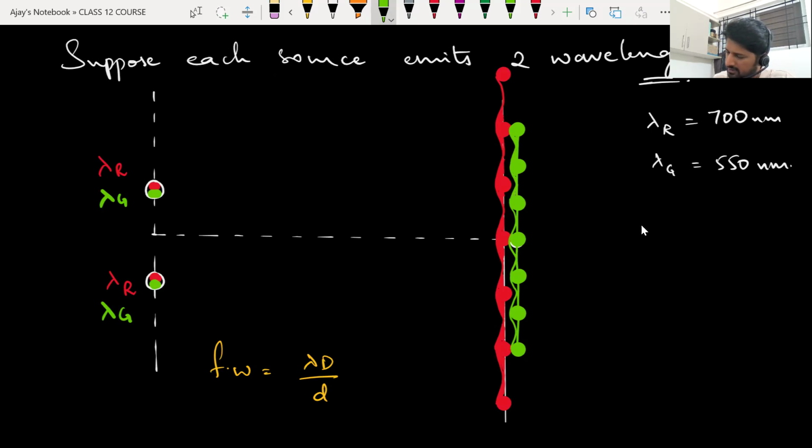So what you see on the screen will be a superposition of these two patterns. A combination of these two patterns is what you will see. Is this clear?